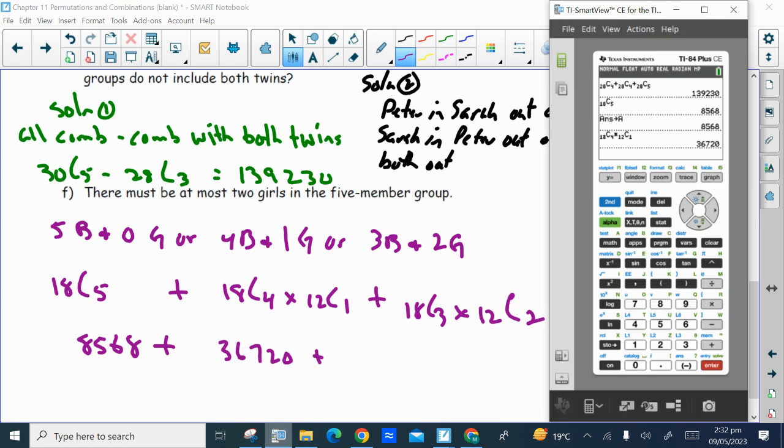I'll store that into memory slot B. And the last one, 18C3 times 12C2, is 53,856.